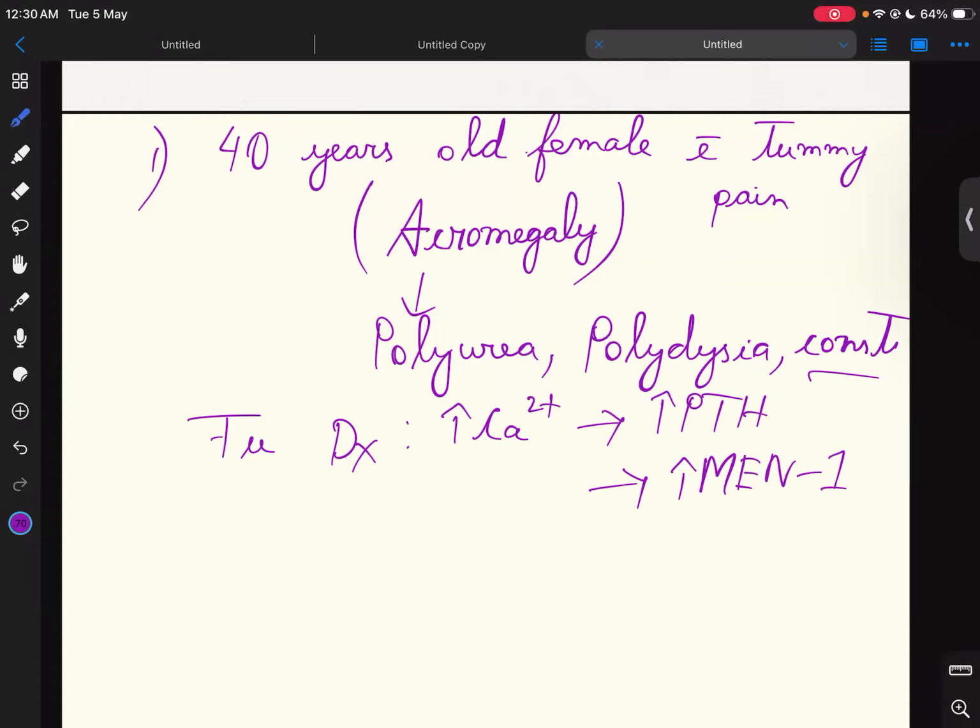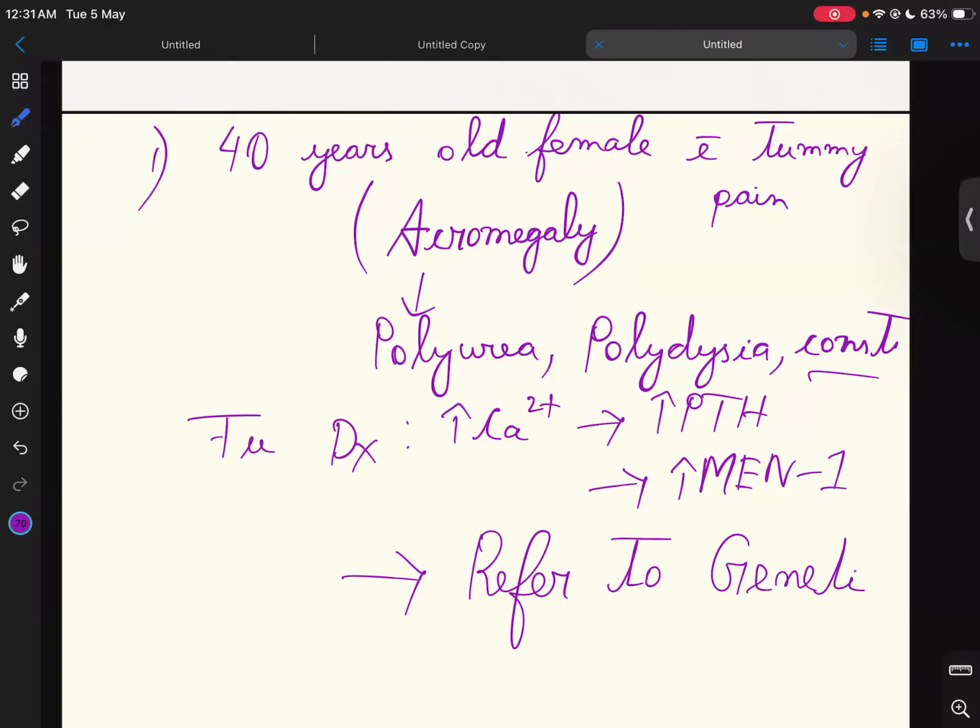Any genetic disease in the PACES exam, whenever you are going to meet the concerned relative, refer the patient to a genetic counselor. Please keep this important thing in mind. You can get a lot of genetic diseases in the PACES exam, like ADPKD, like MEN1, like MEN2. Whenever you get any genetic disease in the PACES exam, whenever you meet the concerned relative, refer the patient to the genetic counselor.